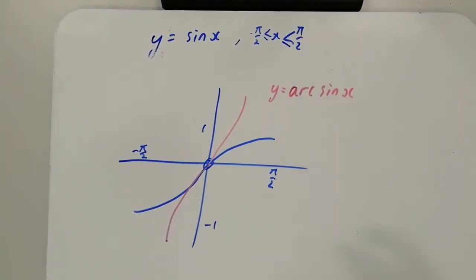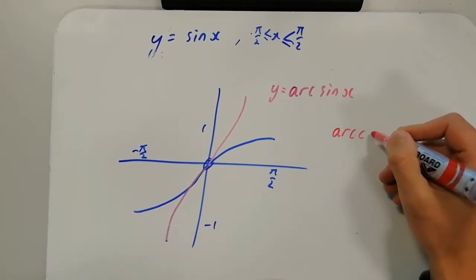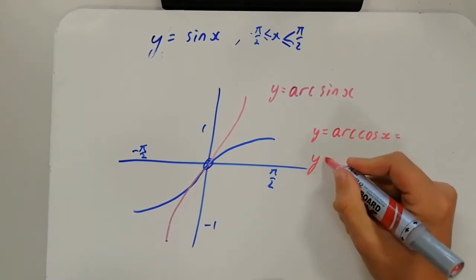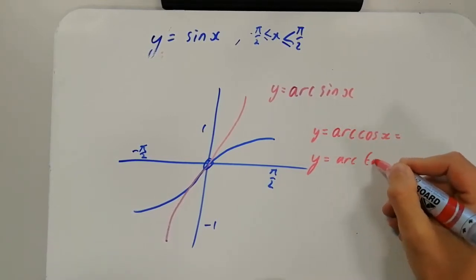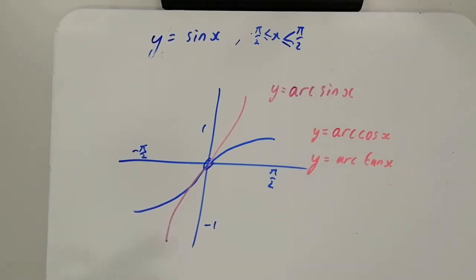Okay? I'll leave you to try and think what the inverse of y equals cos x would look like, and what y equals arc tan x would look like. Consider those, but remember, arc cos and arc tan are inverse functions, not merely the inverse. They must be one-to-one mappings.